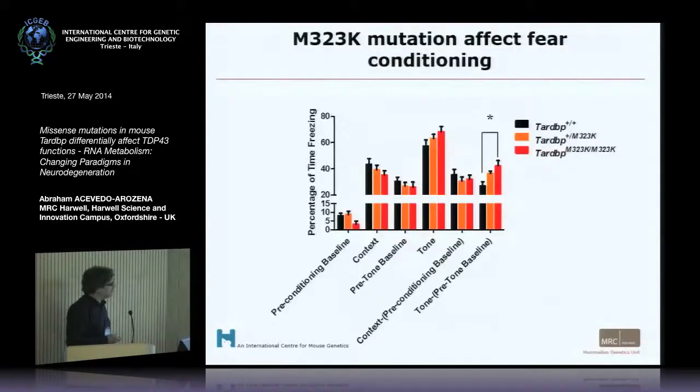And finally, just data from a couple of weeks ago, it seems that the MC23K mutation can affect the cognition of the mice. This is in a fear conditioning paradigm. The MC23K homozygote mutants, and to a lesser extent the heterozygotes, can actually affect the freezing time on the cue, but not in the context. So this is not significant.